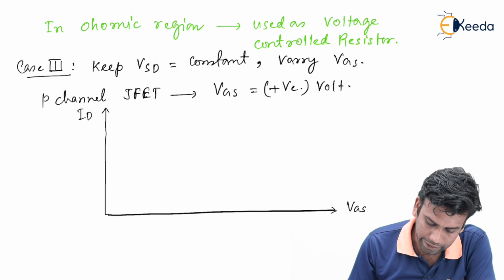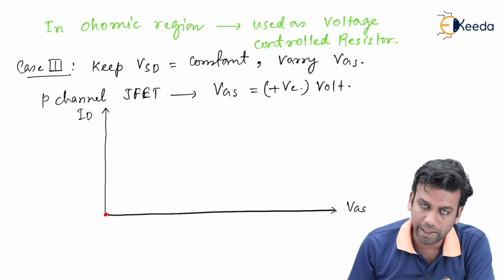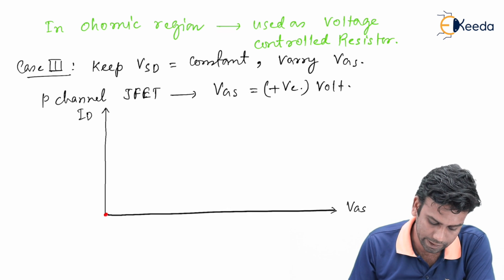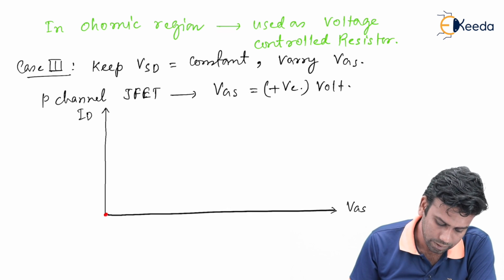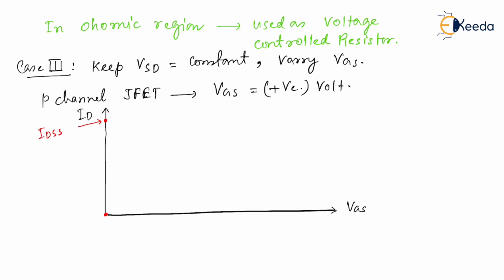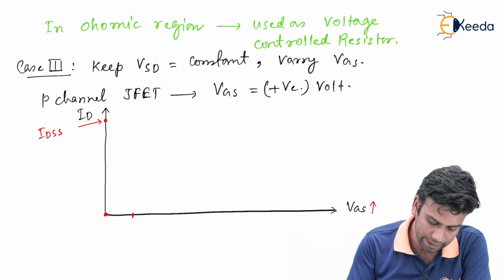Now we know that when gate to source voltage is 0, the maximum current that we can get, or the saturated current that we can get in the drain, is IDSS. Now as the VGS value is increased, the saturated value will decrease. So for VGS equals 1 volt, we will get a smaller saturation current.